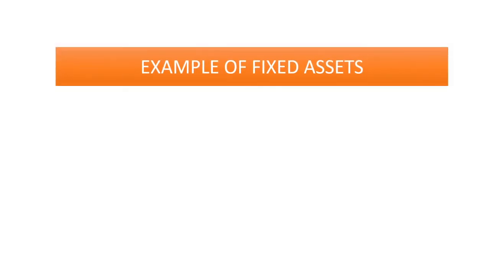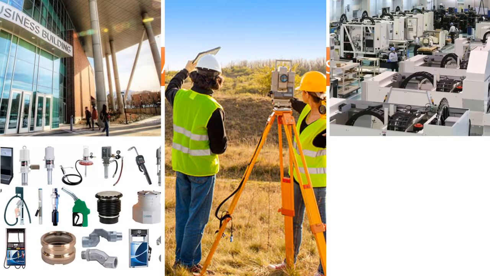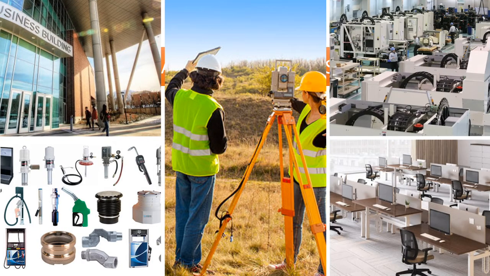Generally, for example, land, buildings, machinery, equipment, furniture, etc. are considered as fixed assets in physical form.